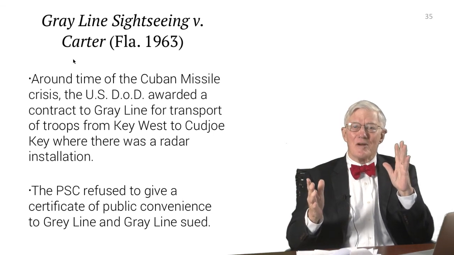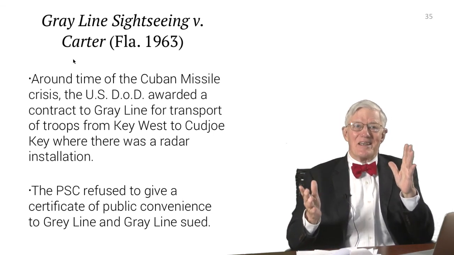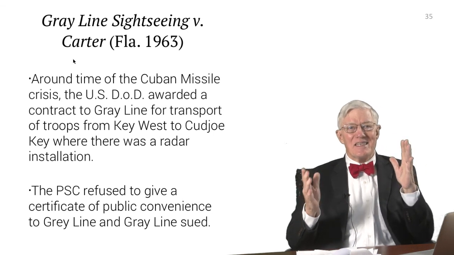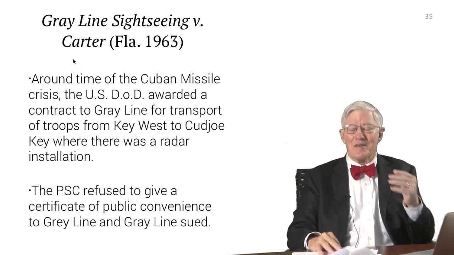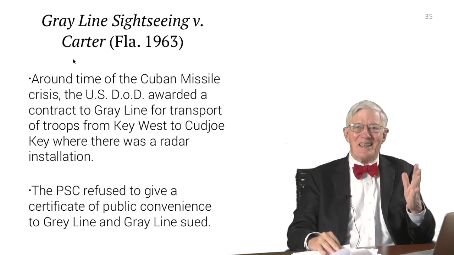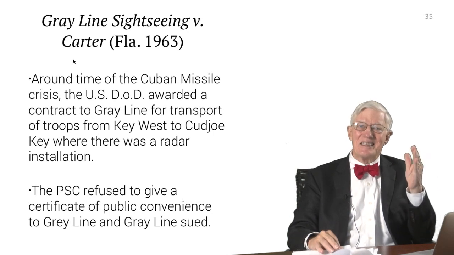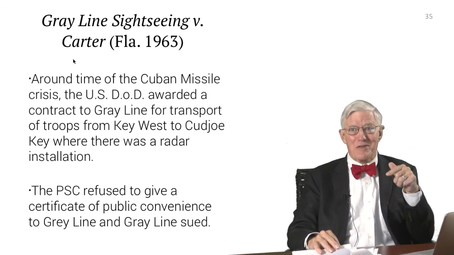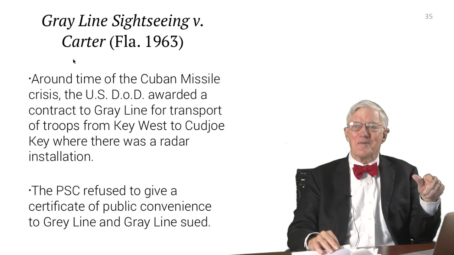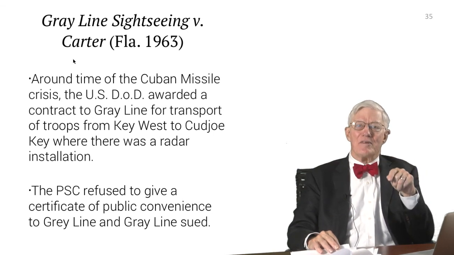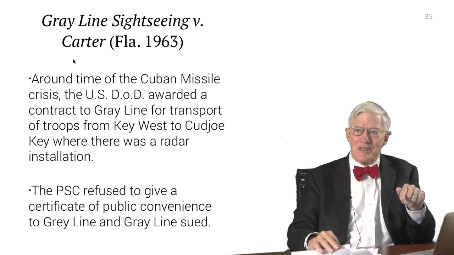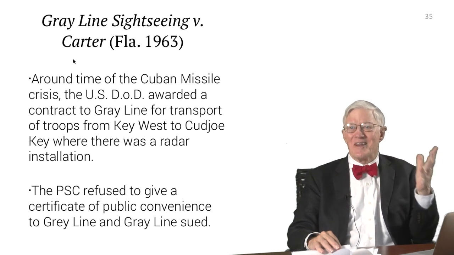The Commission cited Gray Line Sightseeing because it did not have permission from the state Public Service Commission to engage in this transportation for hire between Key West and Cudjoe Key. In other words, they did not have a certificate of necessity and convenience to move one place to the other.